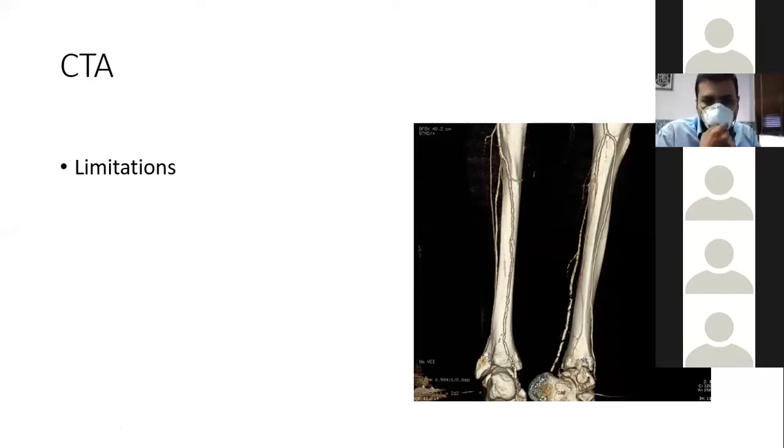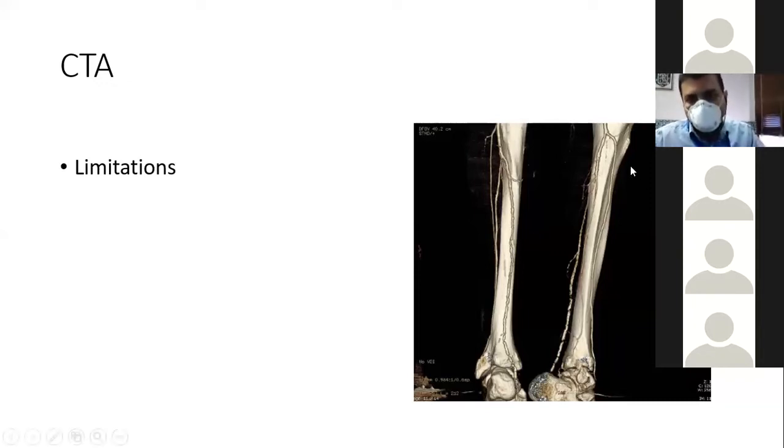So, sir, it's a 3D reconstructed image of the CT angiogram of the bilateral lower limbs showing the infrapopliteal reconstruction of the vessels, and in my opinion, they are highly calcified vessels in both the legs. The TP trunk along with the peroneal and the posterior tibial artery is opacified. However, the anterior tibial artery is not properly seen because of the calcification.